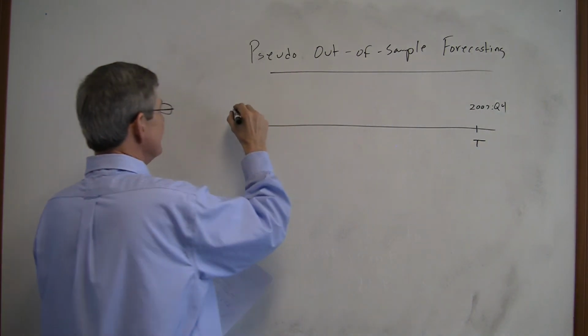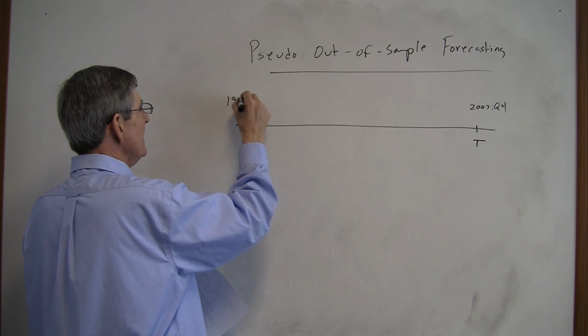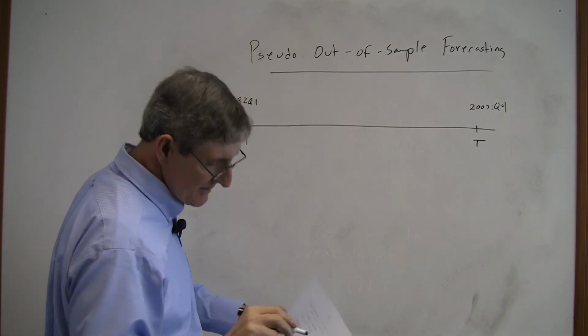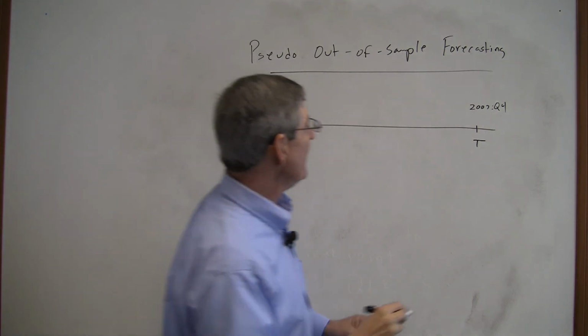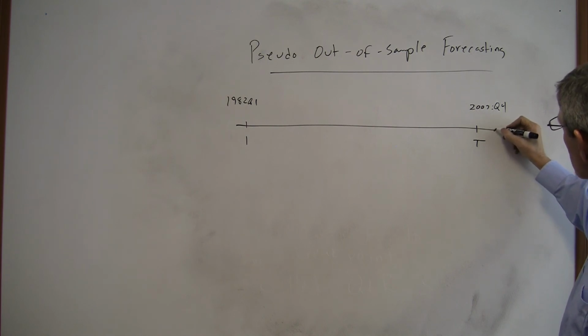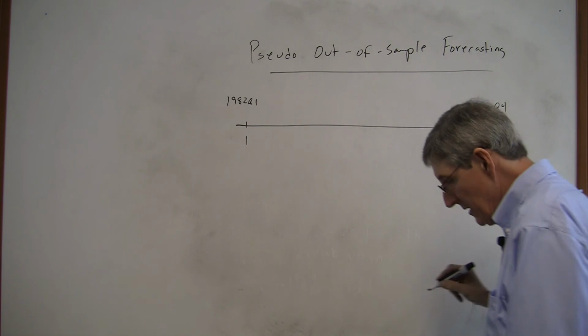And this is 1982 Q1, something like that. So that's our data set. What we've been talking about is forecasting out of sample, this T plus 1, the 2008 Q1 variable so far.